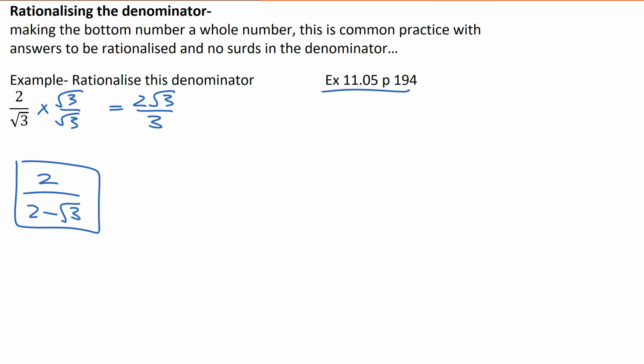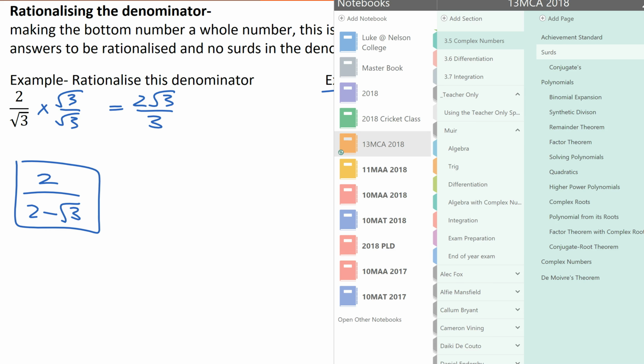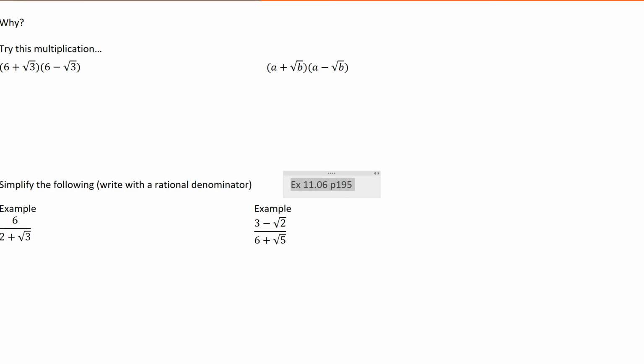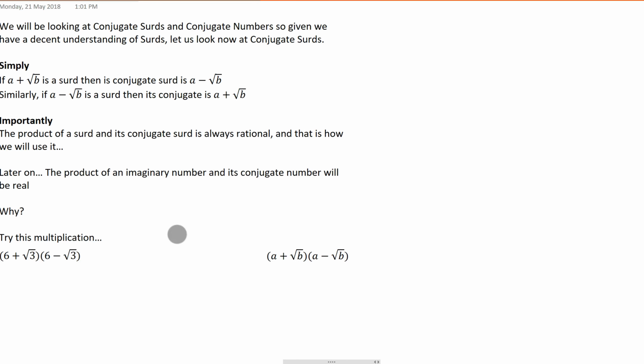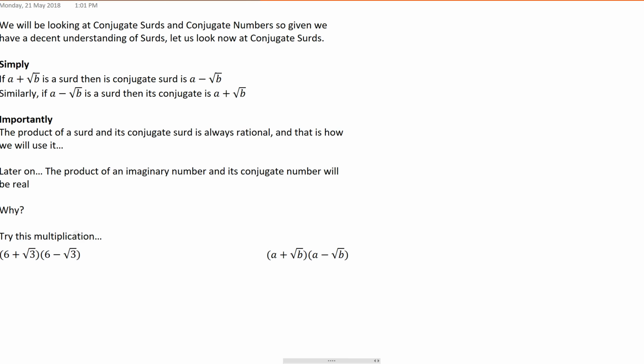Okay, what I want to carry on with, gentlemen, is so that's your basic surd stuff. Now we're going to have a look at these conjugates, okay? A conjugate surd is going to be something that you will have to know.